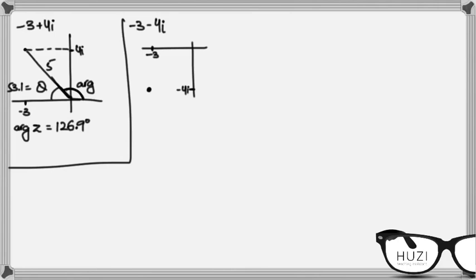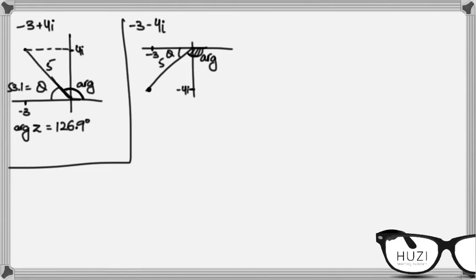This is my complex number. The modulus again will remain the same, it's 5. However, this angle is theta, that's 53.1. But the argument will now be this region. This region is your argument.